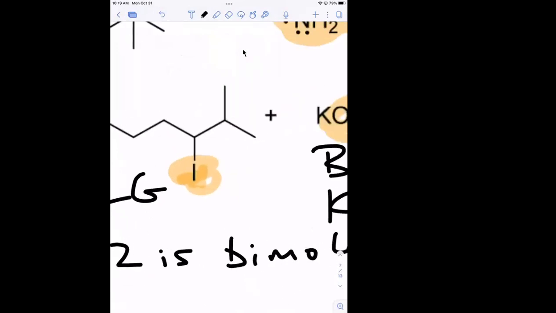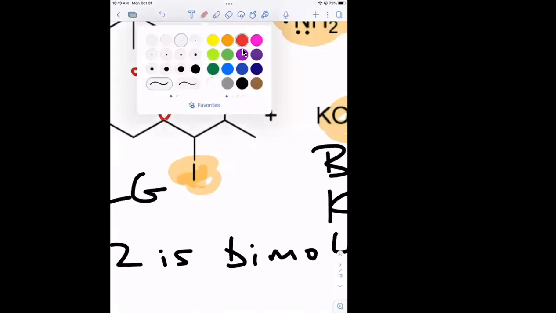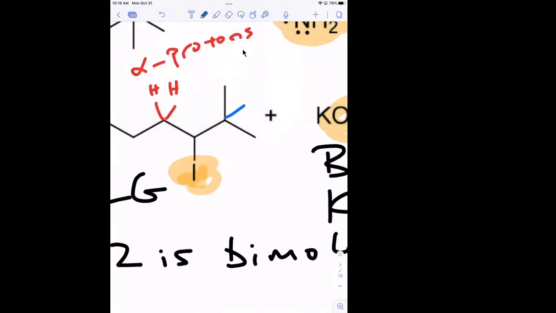So these two right here are alpha protons, and this is also an alpha proton. When you're solving elimination problems, find the leaving group first, and then find the alpha protons. This is a strategy. Once you do that, you can figure out what the products are going to be, even if you don't know the mechanism.